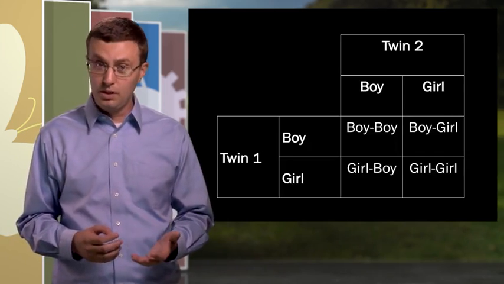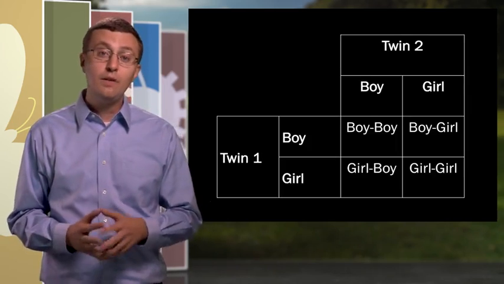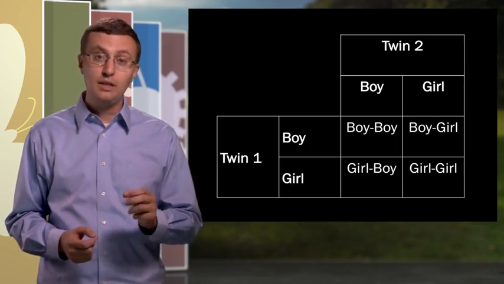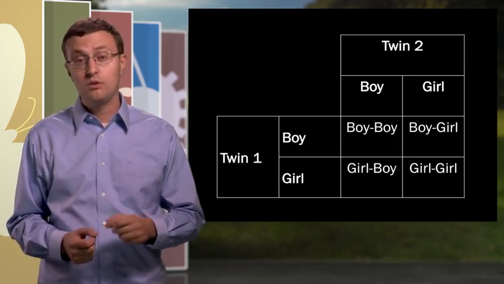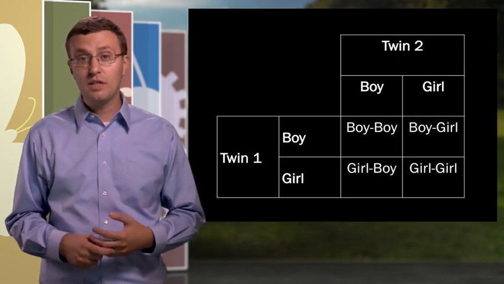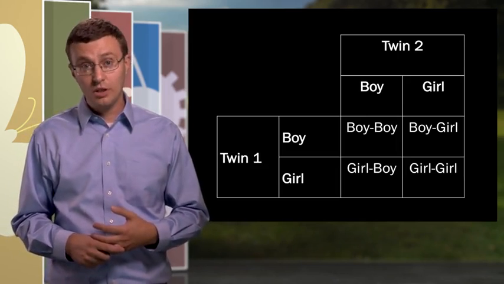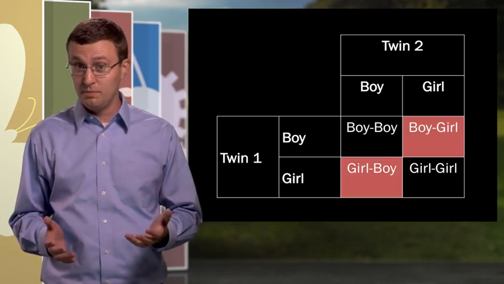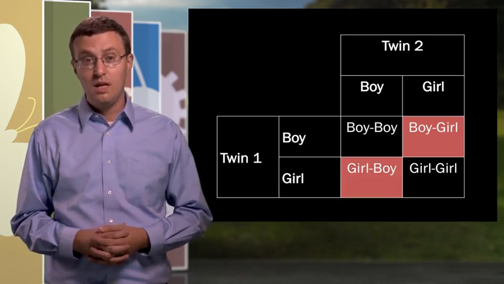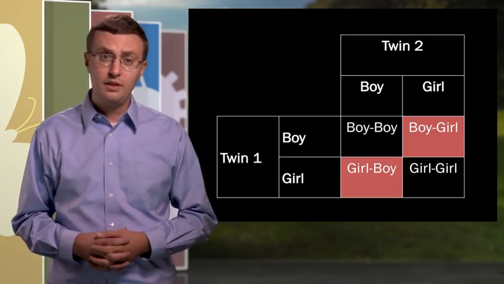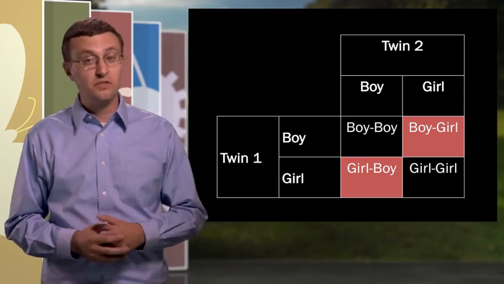Then, putting twin 1 and twin 2 together, we have 4 possible equally likely outcomes: boy-boy, boy-girl, girl-boy, or girl-girl. Each of those outcomes has a 25% chance of occurring, but 2 of them are grouped together under one boy and one girl. That means that there's a 50% chance of having one of each, thus the results of the simulation.